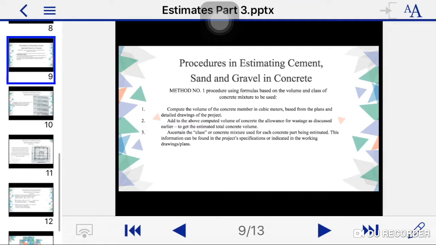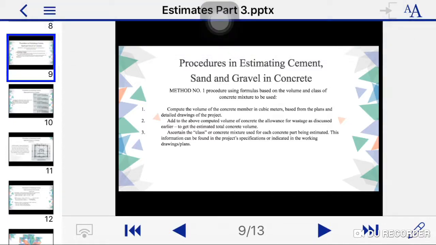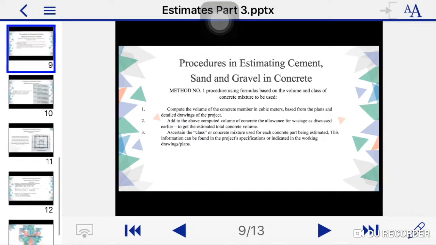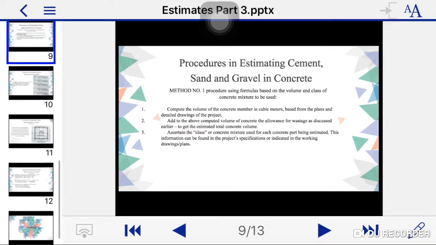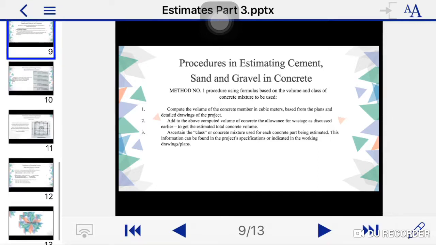Method number 1: procedures using formulas based on the volume and class of concrete mixture to be used. First, compute the volume of the concrete member in cubic meters based on the plans and detailed drawings of the project. If necessary, refer to the formulas for computing the volume of various solids which may be assumed by concrete members in the construction.